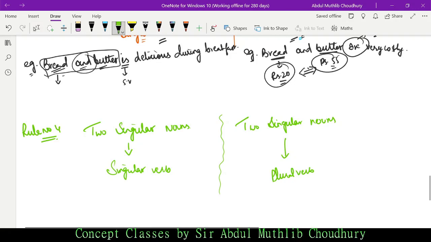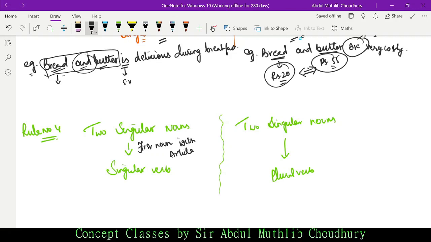Now when I say two singular nouns, the first noun is followed by an article. You know what are articles? A and the.